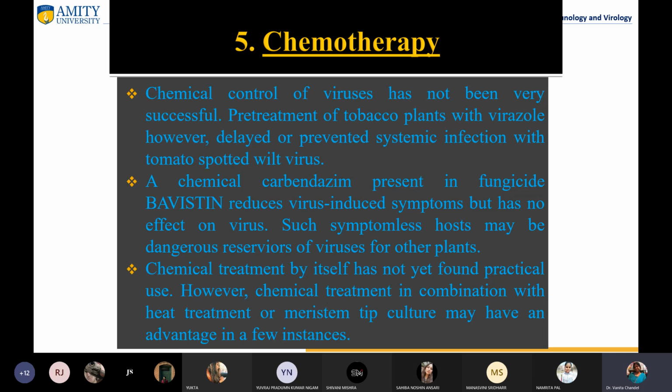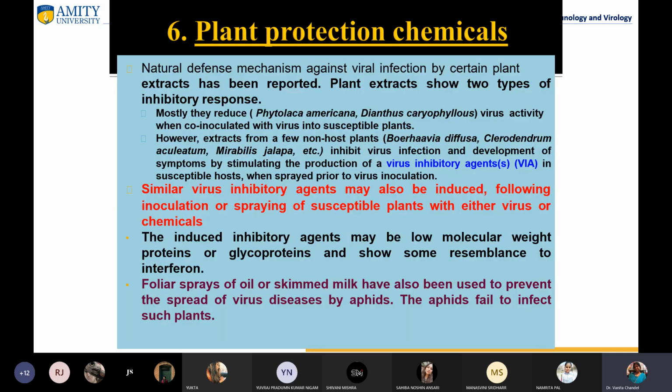However, chemical treatment in combination with heat treatment or meristem culture has some advantages in a few instances, in a few research studies which have been done. Plant protection chemicals: natural defense mechanisms against viral infection by certain plant extracts have been reported. They usually show two types of inhibitory response.